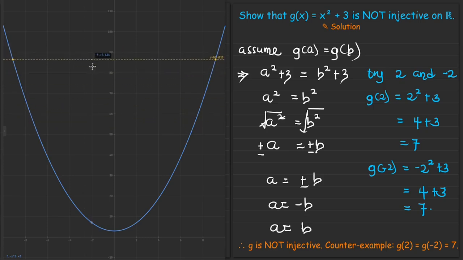So with what we have here, if I put my horizontal lines on it, what do you see? It touches at 2 points. But we said for it to be injective, all we need is 1 point. This is touching at 2 points. Hence, it is not injective. So that is all for the graphical method. Let's look at our next question.